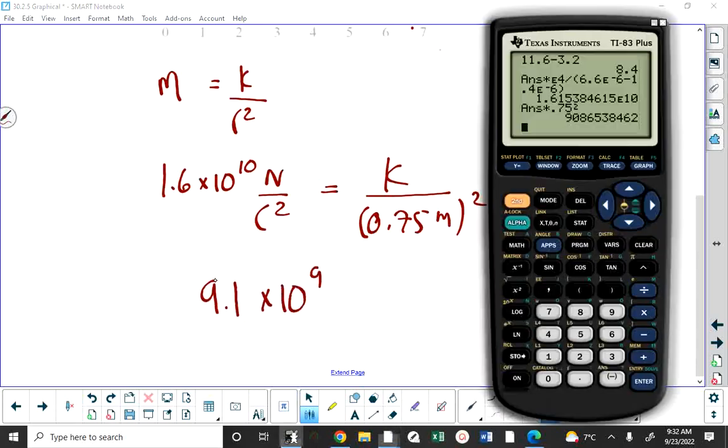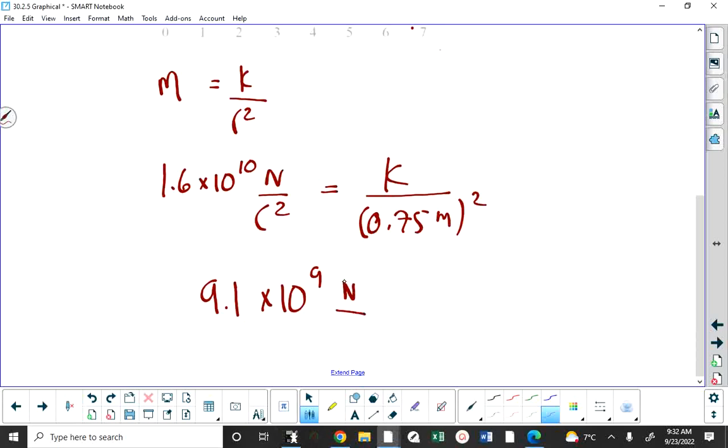I didn't count the decimals, but I'm pretty sure it's going to be 10 to the 9. And the units will be the newton per coulomb squared that we had times the meters squared. And that's not bad for any kind of high school experiment, certainly in finding Coulomb's law. You're within about 10%.